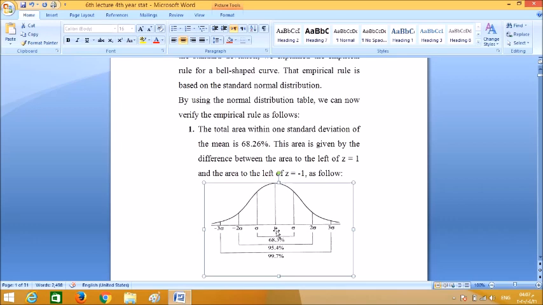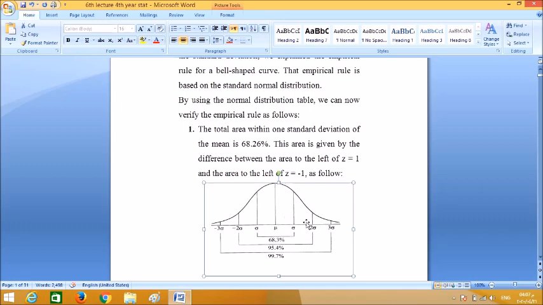So for the standard normal distribution, this area is between minus 1 and plus 1 around 0. But for any other normal distribution, this area is between minus sigma and plus sigma around mu.